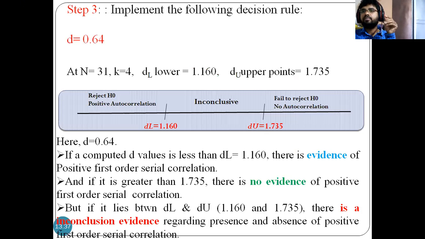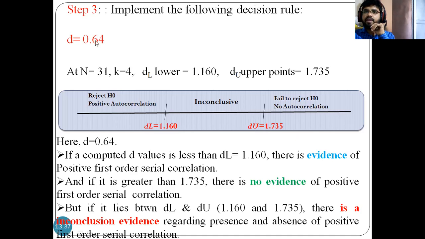The fourth step is to implement. As I told you, the sample size N is equal to 31, K is equal to 4, DL is 1.160, and DU is 1.735. So what is the D value?